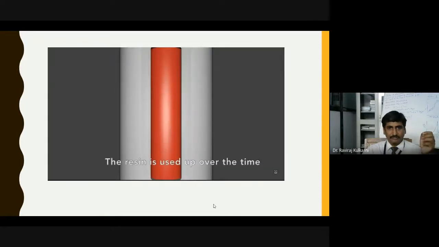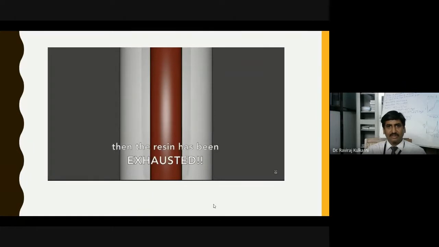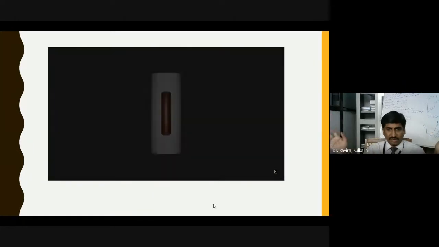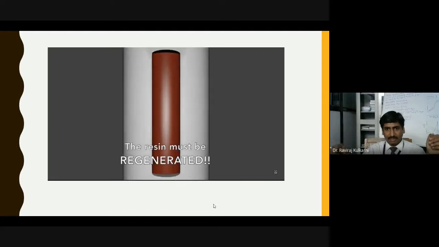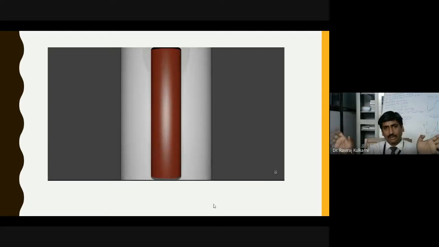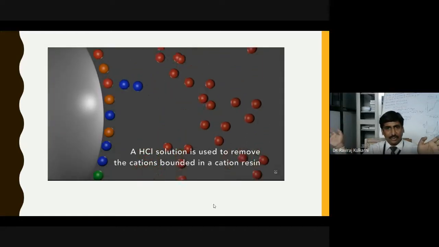Resin is used over a period of time, and there are no more H plus and OH minus ions. Resin has exhausted all the H plus ions or OH minus ions. Resin must be regenerated now. How do we do regeneration? We add HCl solution, so more H plus ions.